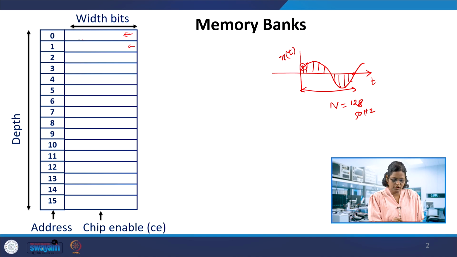Here the width can be specified for the memory, depending on the data value, and the depth of the memory can be decided based on the number of samples or data you would like to store. Here, for example, it is taken from 0 to 15, that is 16 values. The depth is 16 values that can be stored, and the bit width can be decided based on the value.